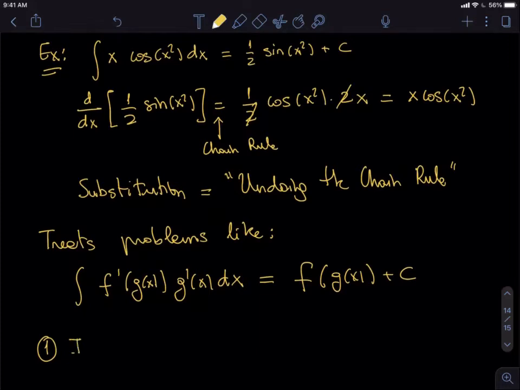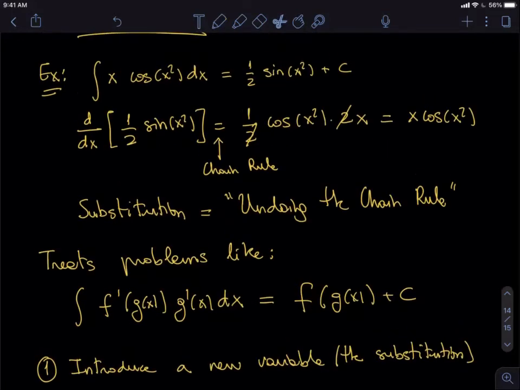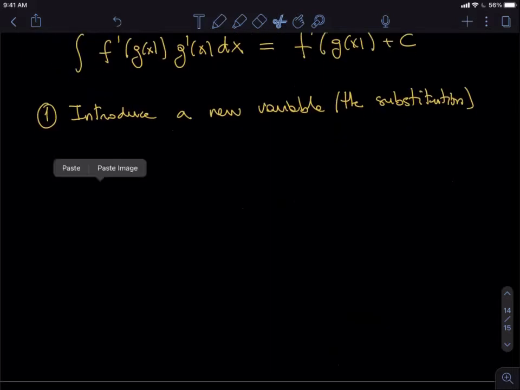The first step is to introduce a new variable. This is what is called the substitution. In our case here, let me copy the integral so that I don't have to scroll all the time.